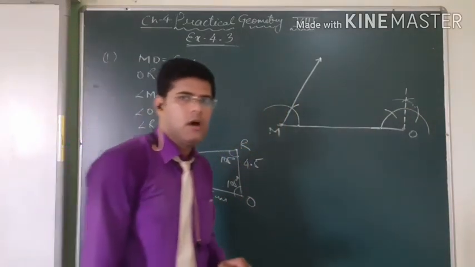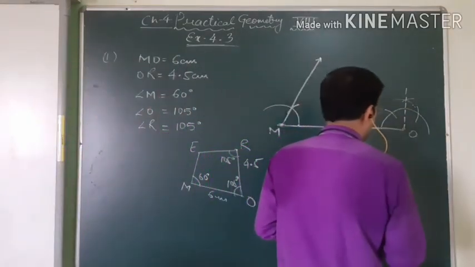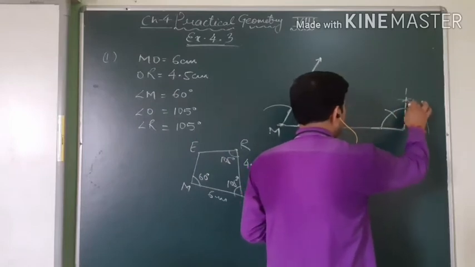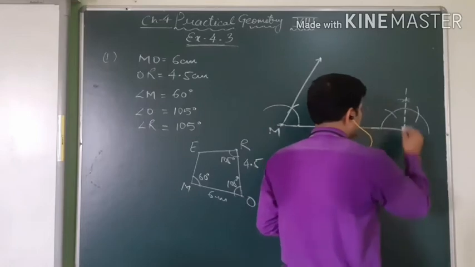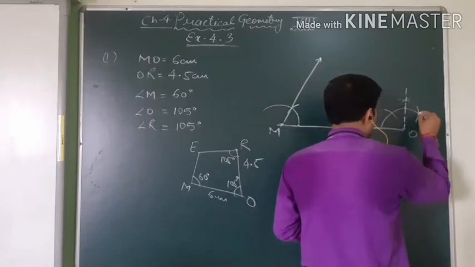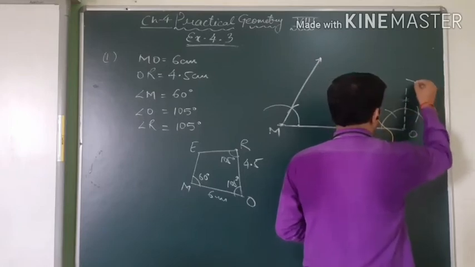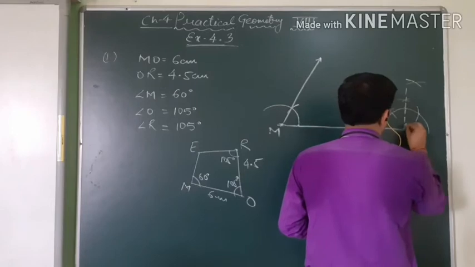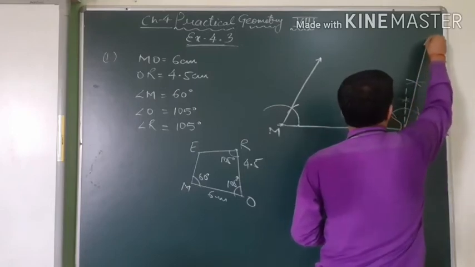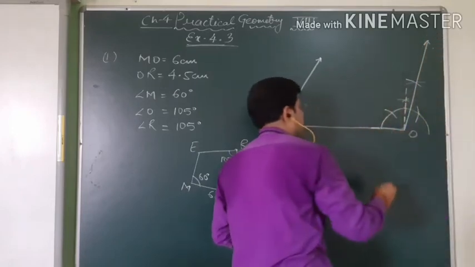Because this is not a proper 90, we require 105. And if we want to make 105 with the compass, make a couple of arcs from these two points, one of 120 and second of 90. And both intersect. So this one is 105 degrees.